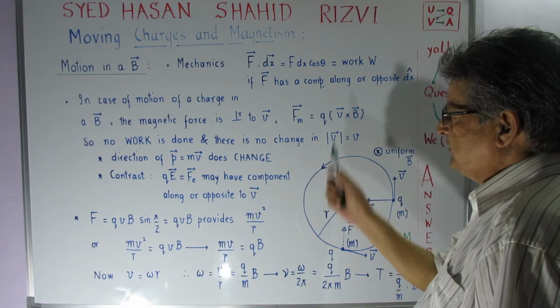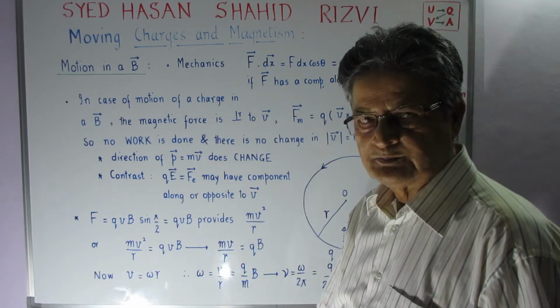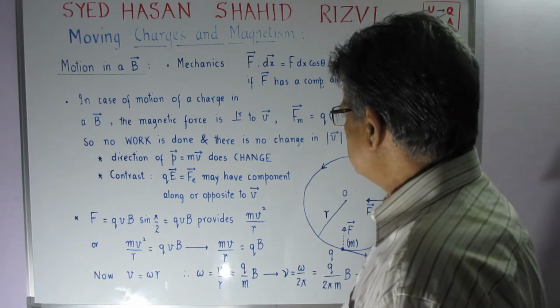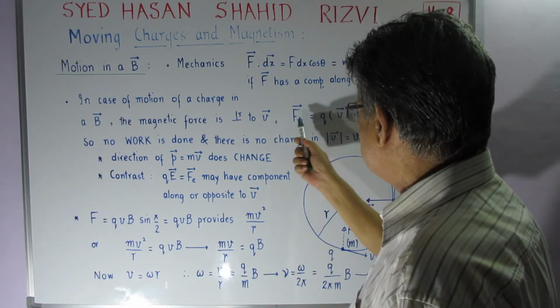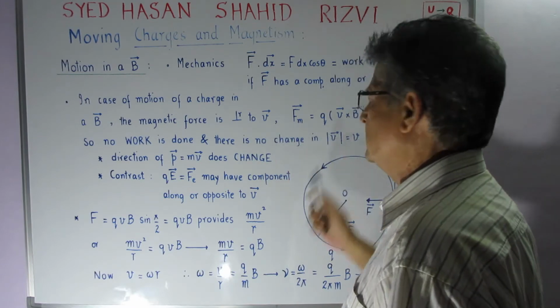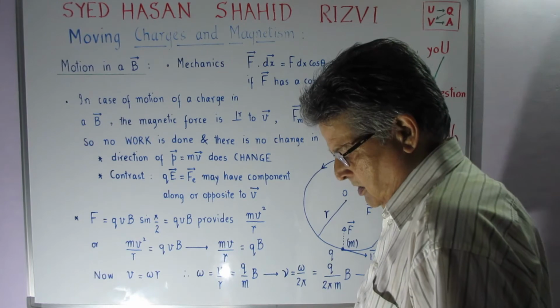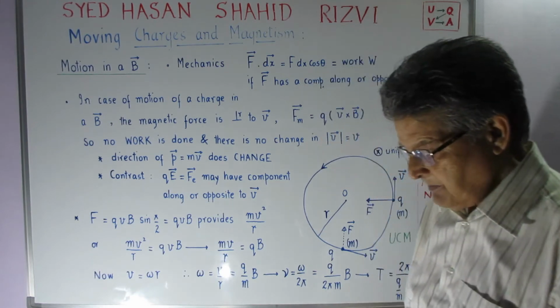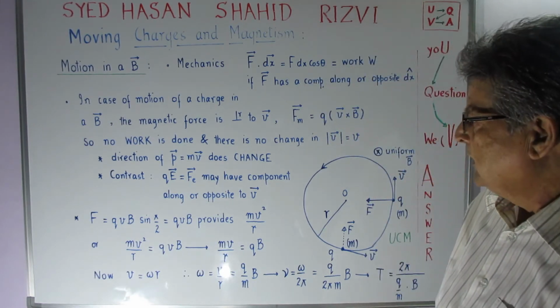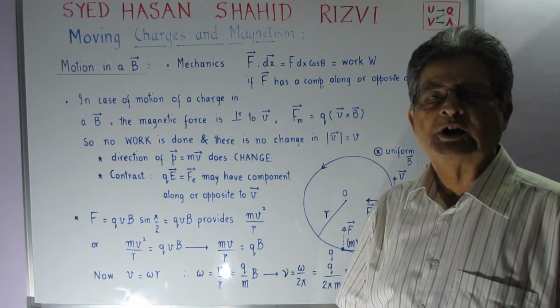So in this case, there is no work done because both of them are perpendicular to each other. There is no change in the magnitude of the velocity. That means for a mass m, the kinetic energy half mv square remains unchanged.